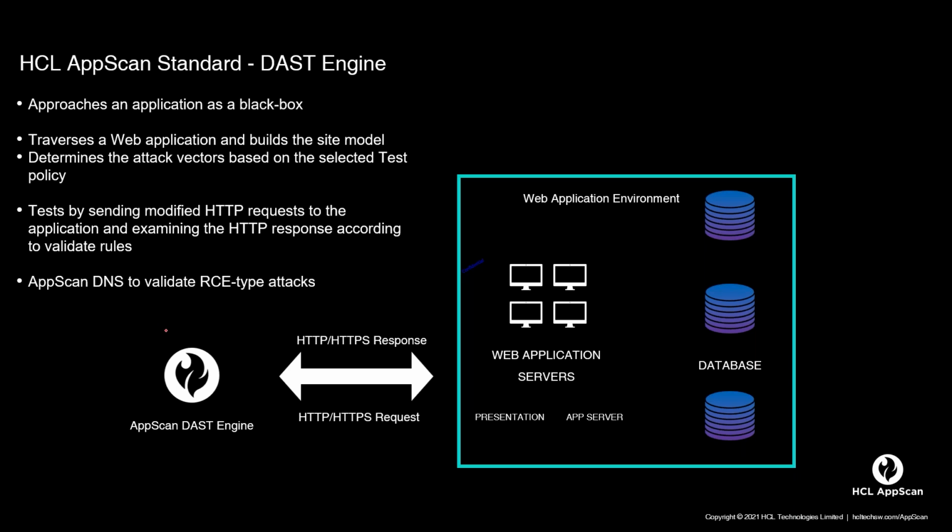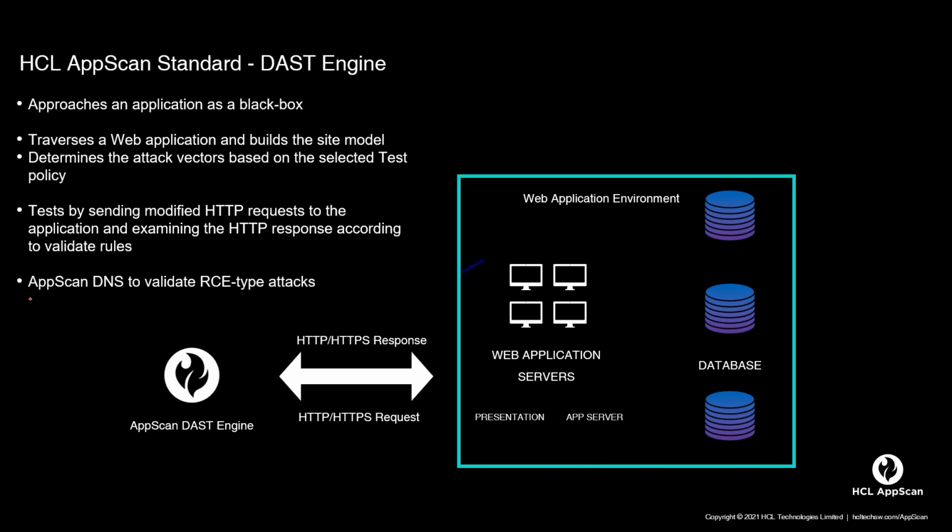And AppScan actually also has different ways to test your application. We have something called the AppScan DNS, which is a DNS server that we host to validate remote command execution types of attacks. Basically, any types of attacks that do not have a reflection. When I say reflection, I mean you send a request, but the type of vulnerability does not depend on the response.